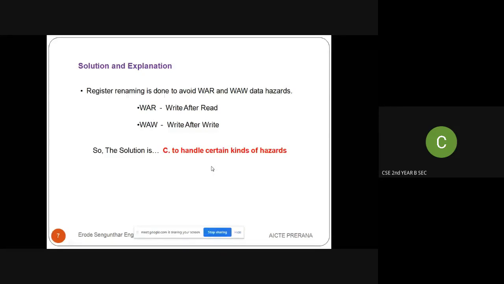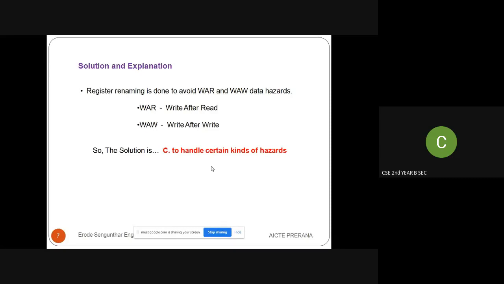If instruction I3 is waiting for the result of instruction I2 or I1, that is, the previous instructions' result, then it has to wait for a period of time until the previous instructions complete.